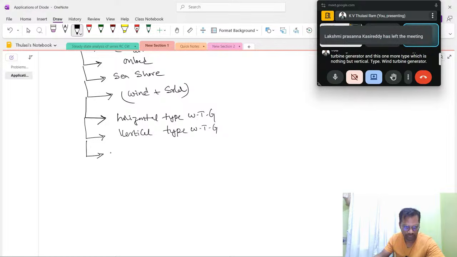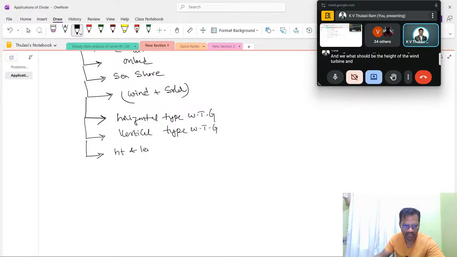What should be the height of the wind turbine and the length of the blade is maintained as per the design; a ratio is maintained for the height of the tower and the length of the blade based upon the rating of the plant.